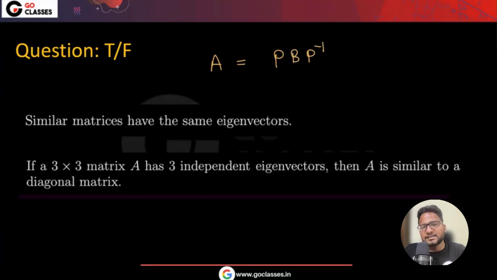Let's suppose X is an eigenvector of A. So here AX equals lambda X, right? Then can you find out? Let me multiply by P. Okay, let's just write it like this. It doesn't really matter, but I'm writing P inverse first. So P is nothing but BP.